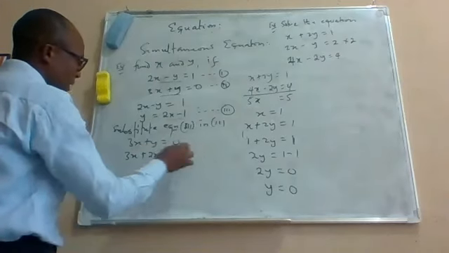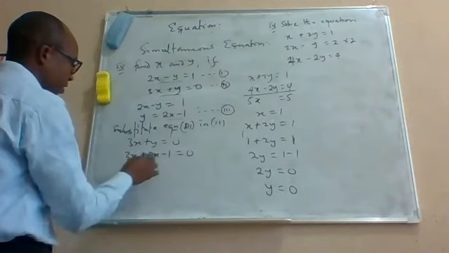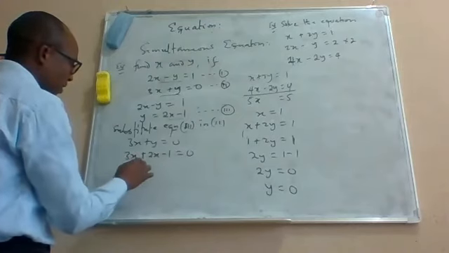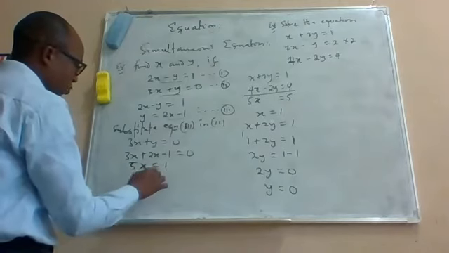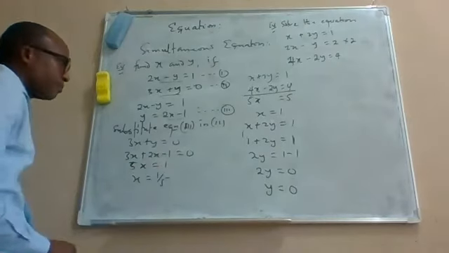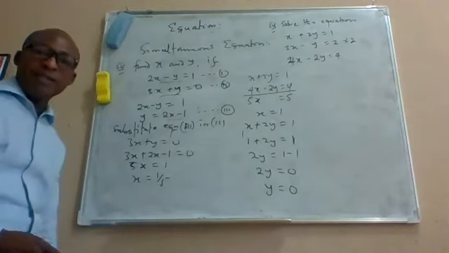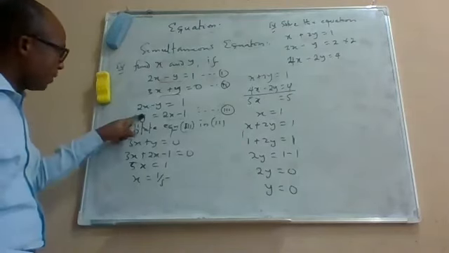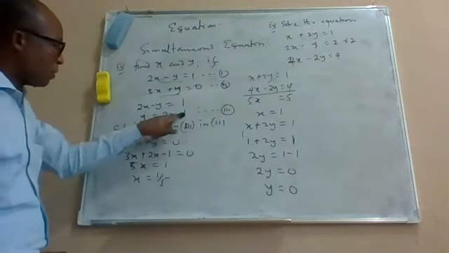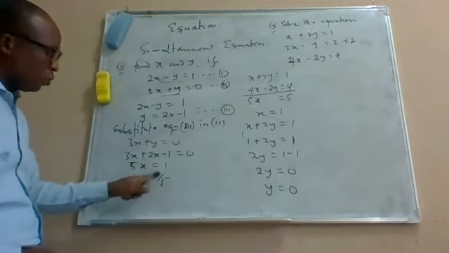Take this 1 to the other side. 3s plus 2s will give me 5s, and this 1 to the other side will give me 1. So this shows that s is equal to 1 over 5. Now I can go to equation 3, which is y equal to 2s minus 1, and substitute s equal to 1 over 5.